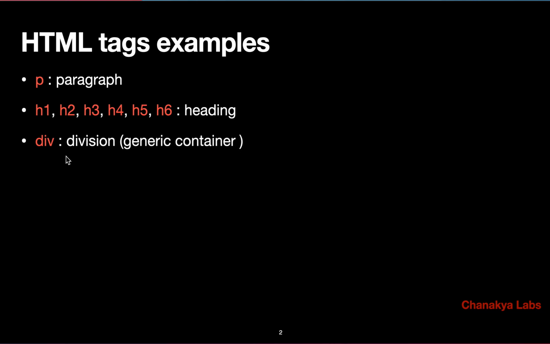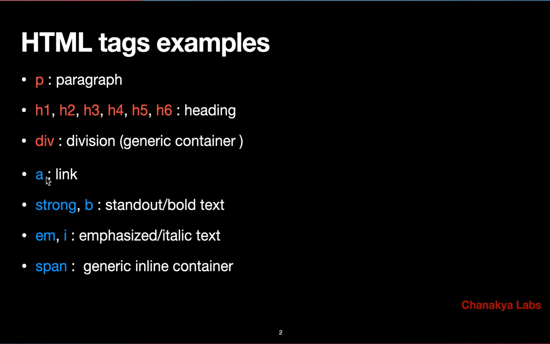Div is a generic container division, and there were something called block tags, or block elements. Now there were also inline elements, such as link or strong tag, italics, and span. I believe most of these things we explained at that point of time.